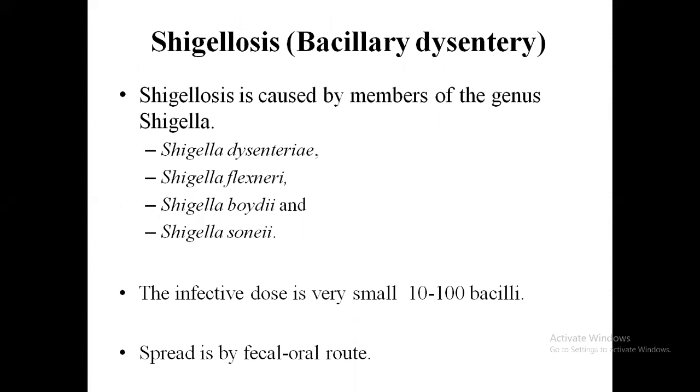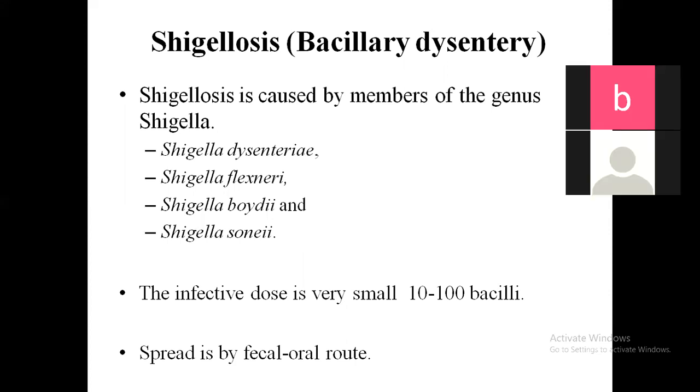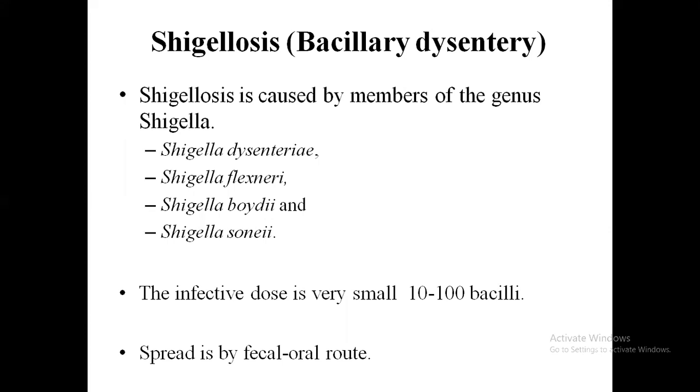Up to the last slide we completed in the last class, and this is the new information. So Shigellosis, also known as bacillary dysentery, which used to be quite common earlier, and a lot of different species can cause this: Shigella dysenteriae, Shigella flexneri, Shigella boydii, and Shigella sonnei. A very small amount of organisms can cause Shigellosis, maybe even 10 to 100 bacilli.